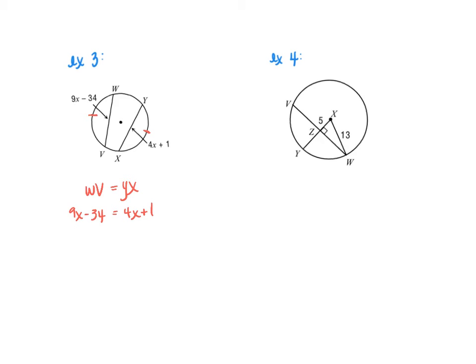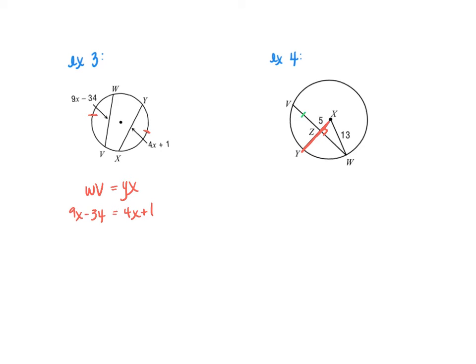And then another theorem that we have in this section talks about your perpendicular bisectors. So if you have a radius, like in example 4, right here you have a radius. And notice that that radius is perpendicular to a chord. So anytime that happens, then it is bisecting the chord.